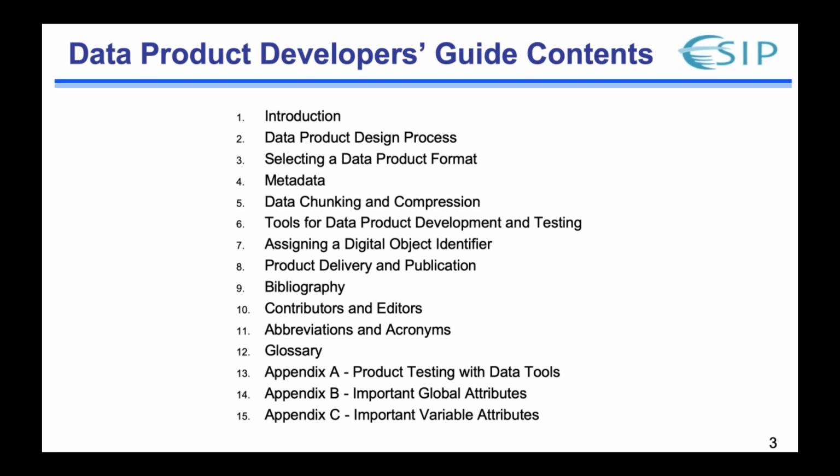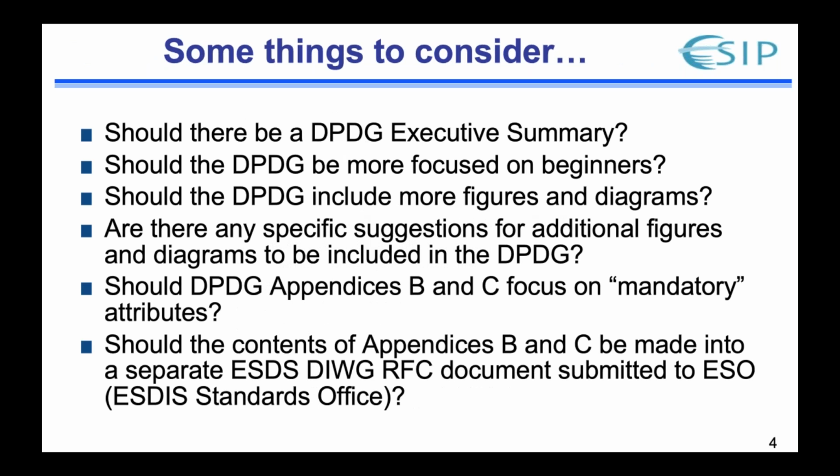It's a big guide. Okay, let me go to my final slide, please. And so I have some questions or some things to consider as you take a look at this Google Doc.